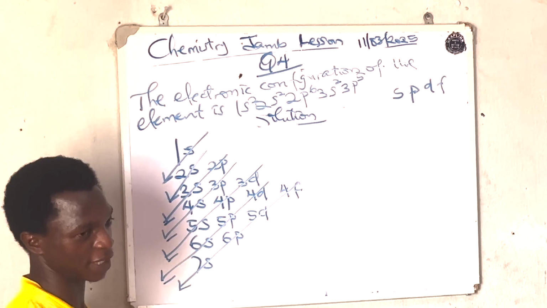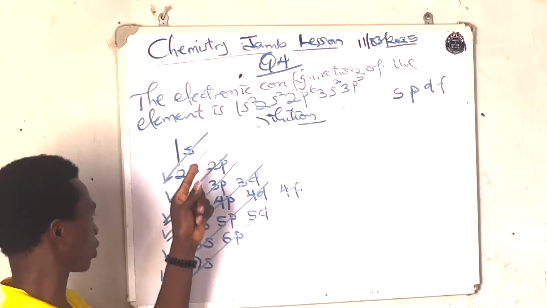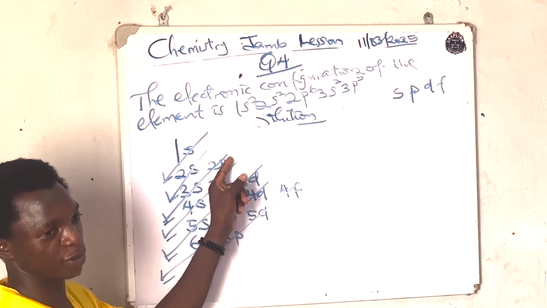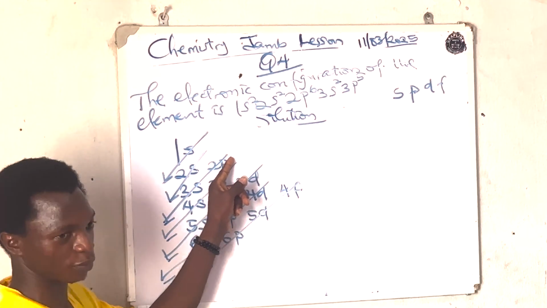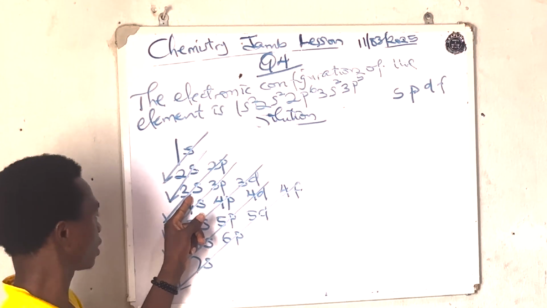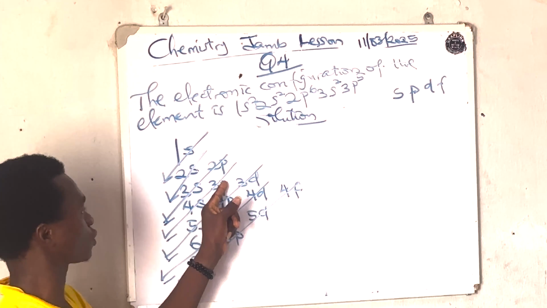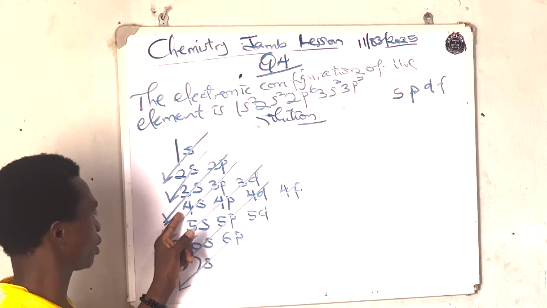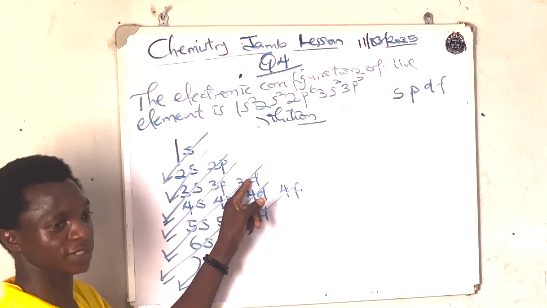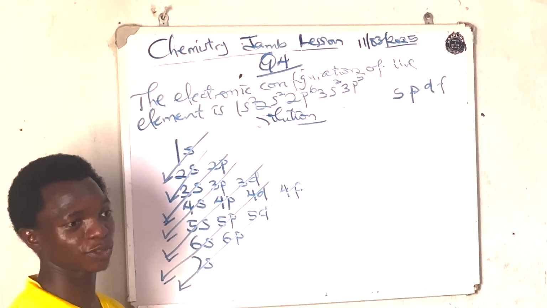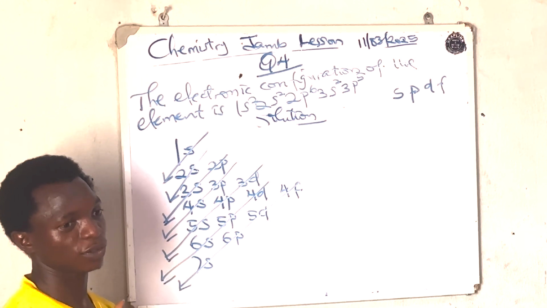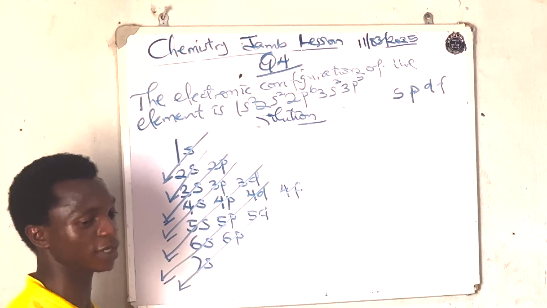First, start with your 1s. When the block fills up, you enter 2s. After 2s, you go to 2p. Just follow your arrow. After 2p, you enter 3s. After 3s, you go to 3p. After 3p, rather than 3d, you enter 4s before 3d. Like that to infinity. So this is the principle that we normally use to find the electronic configuration of any element given to you.